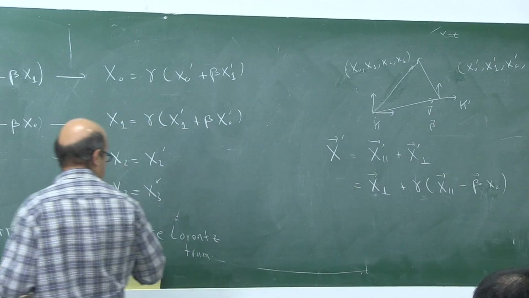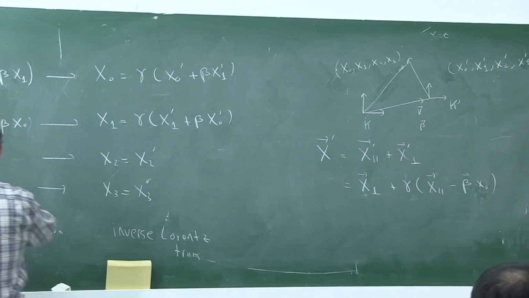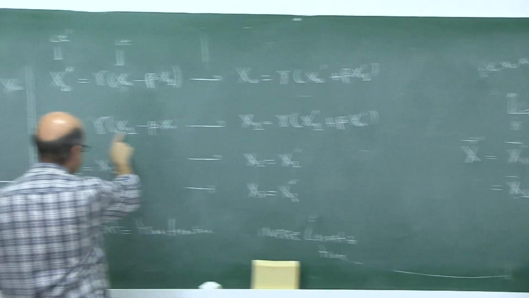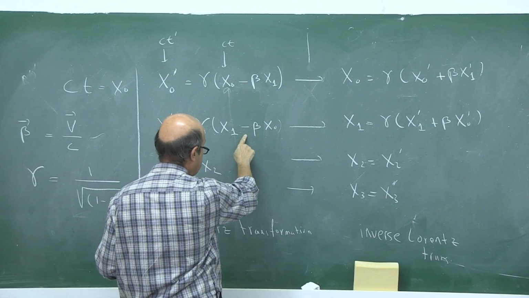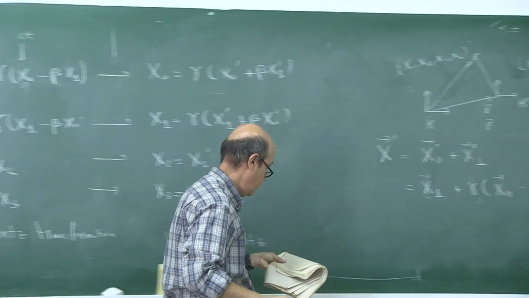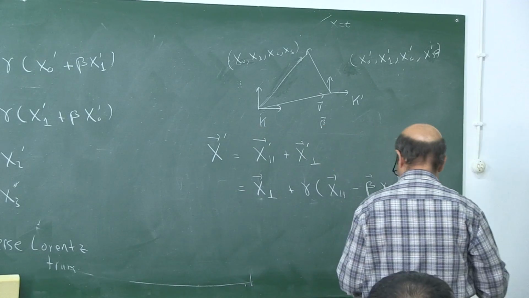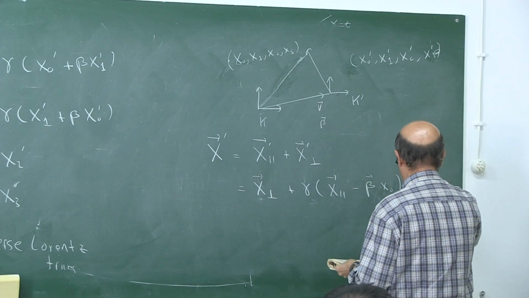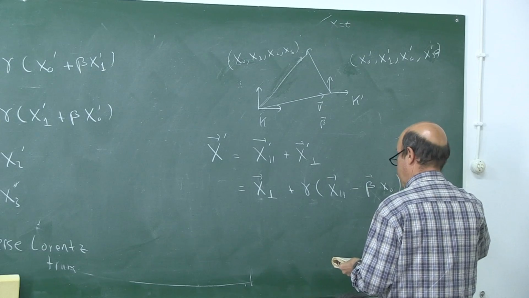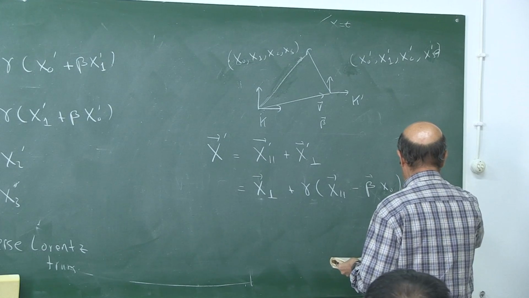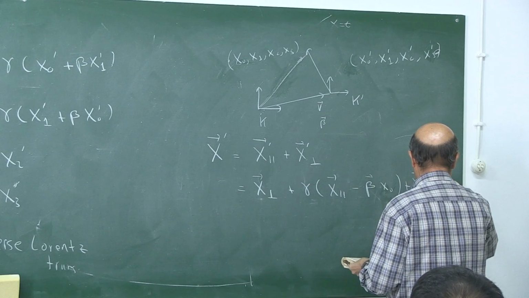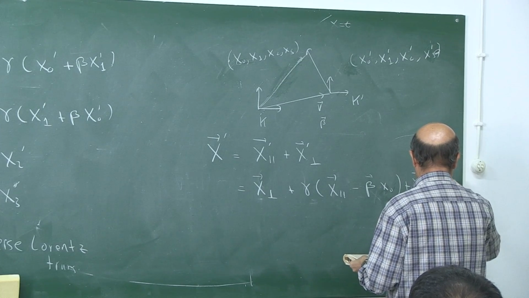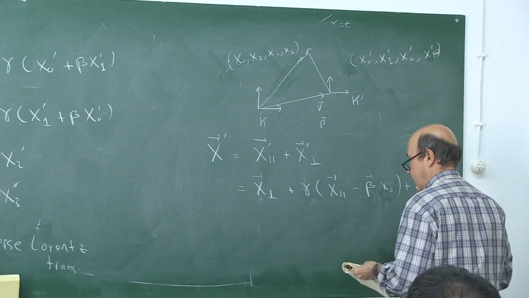So which one did I write? This is x parallel, gamma x parallel minus beta x0. So add up x parallel and subtract the x parallel.